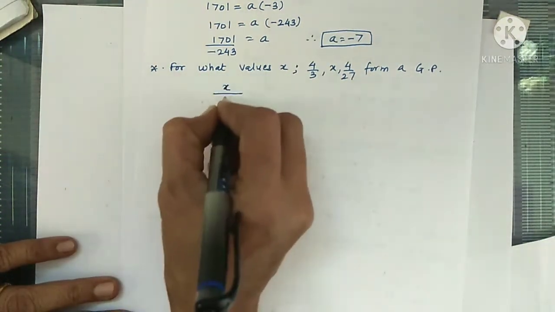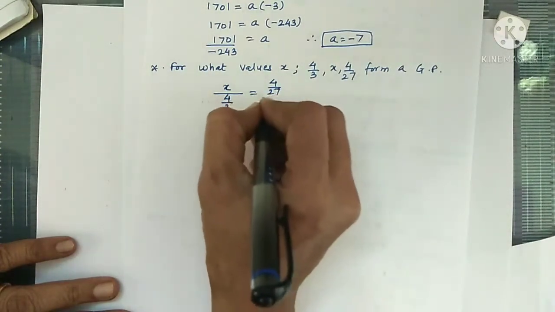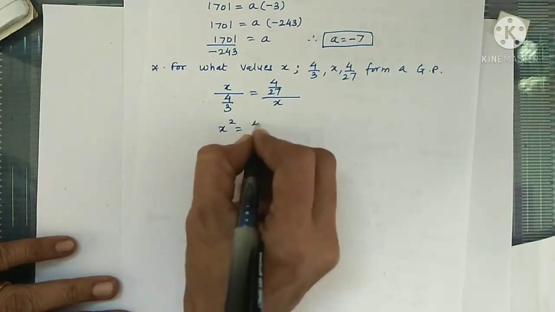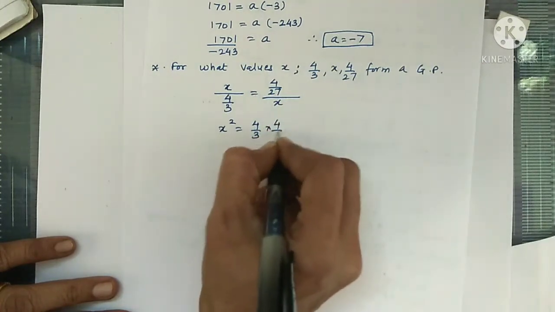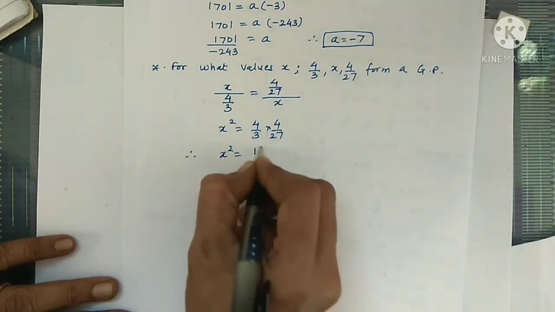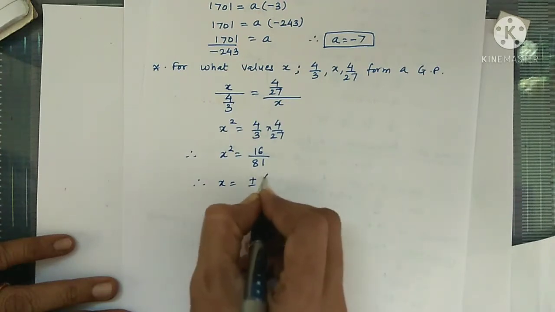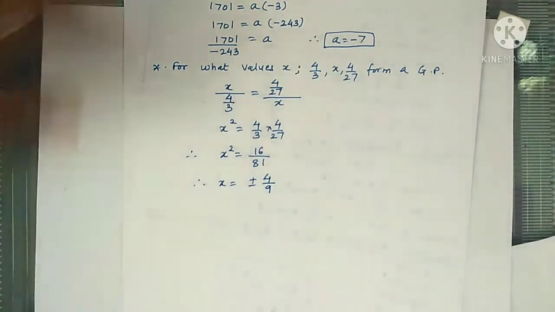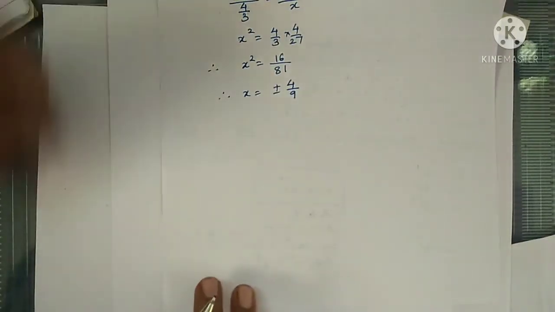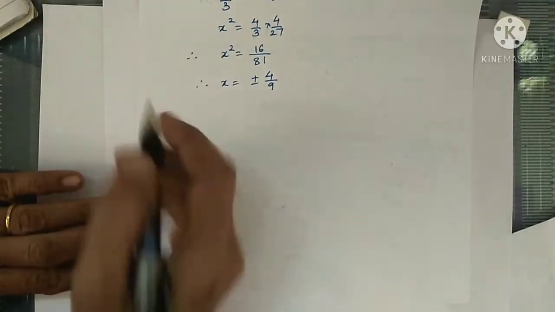So x divided by 4 upon 3 equals 4 by 27 divided by x. Let's cross multiply. So x square equals 4 by 3 into 4 by 27. Therefore x square is equal to 16 by 81. Therefore x is equal to plus minus 4 by 9. Take the square root of both sides, and as the square root is plus or minus, we have two values for x. One is 4 by 9 and the other is minus 4 by 9.